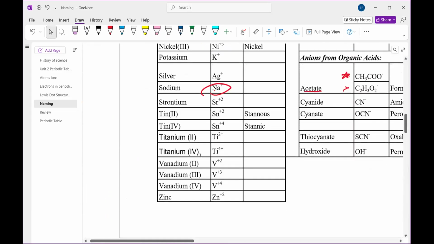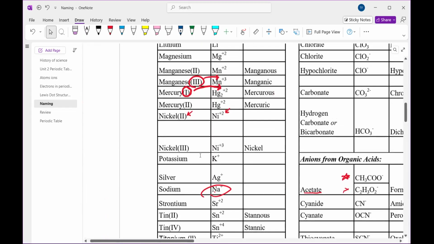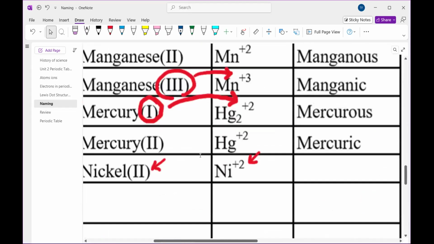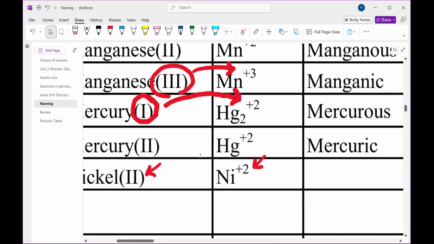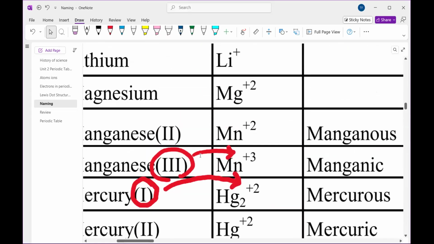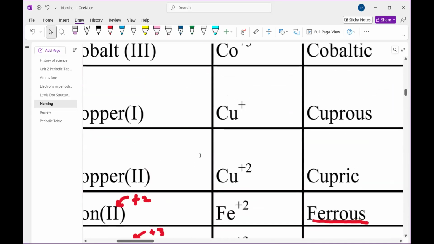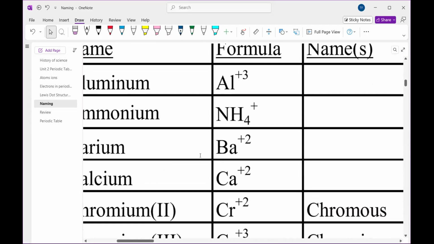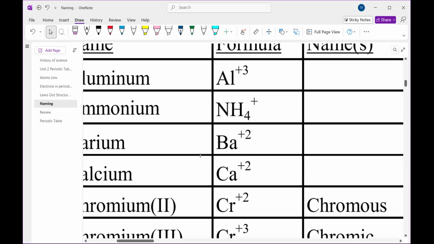There are only 2 groupings with a metal: mercury, Hg2, and then at the very top, ammonium, NH4. Those are the only 2 groupings for cations. The only groupings other than those are on the anion side.